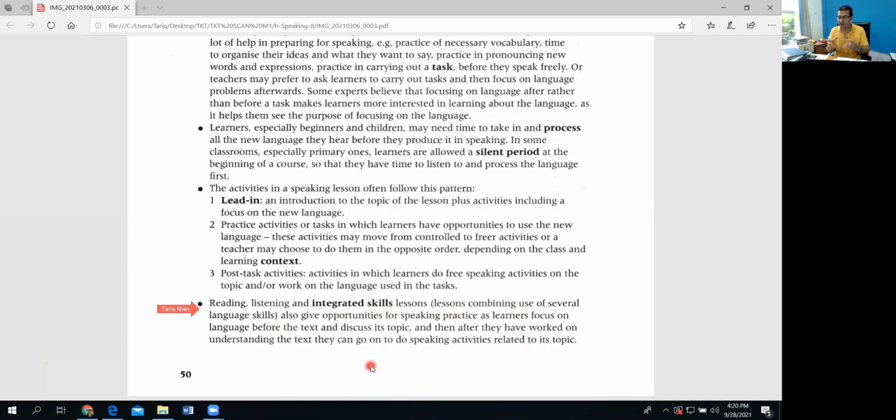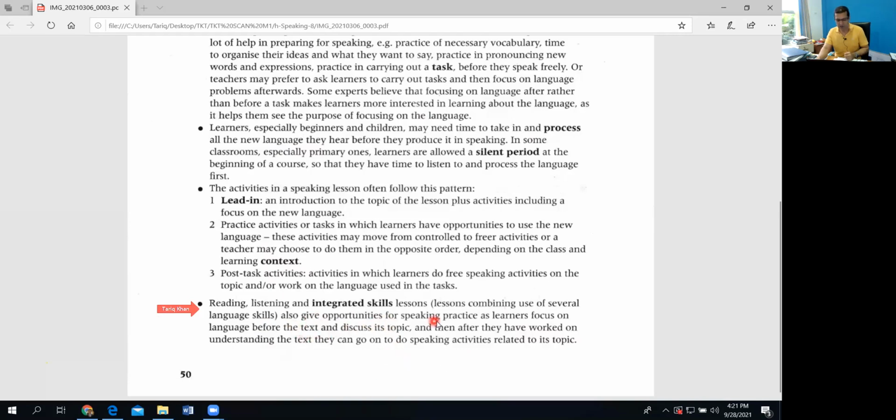In the primary, you're supposed to teach integrated subjects, meaning you're not teaching one subject. Primary teachers are teaching different subjects. So that is called integrated teaching. So here they say integrated skills, meaning not one skill. There might be reading, writing, listening, speaking, all the skills, or 2 skills or 3 skills might be together.